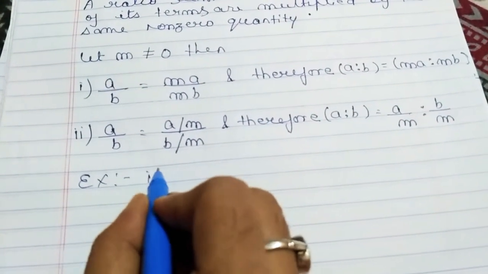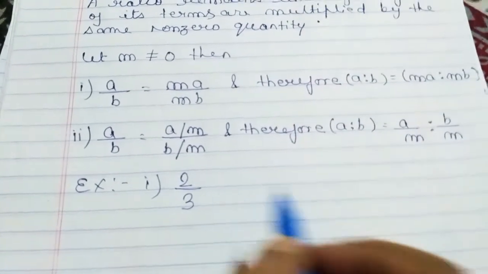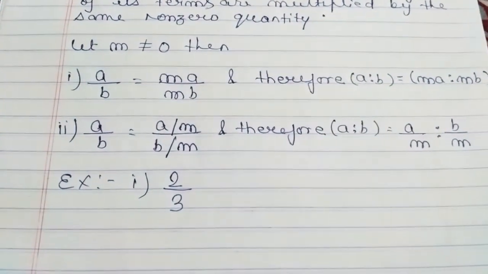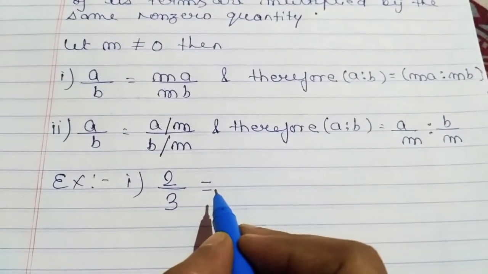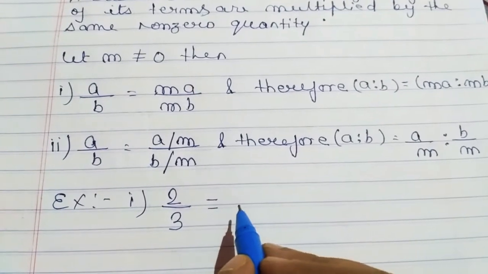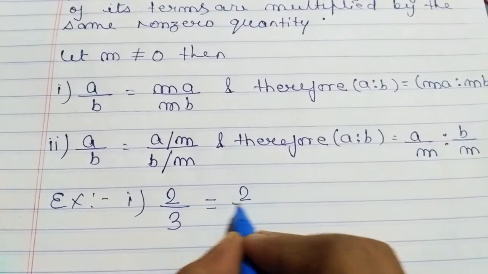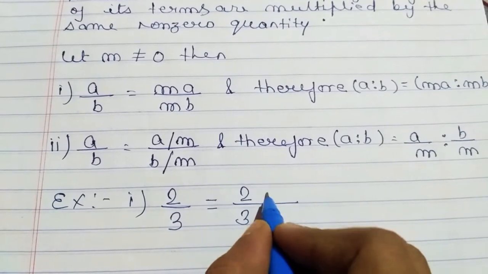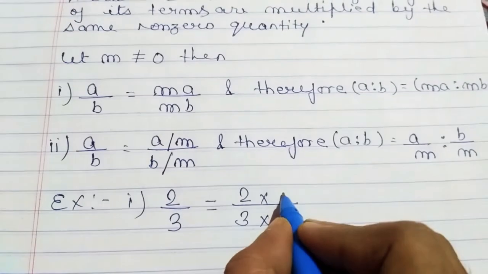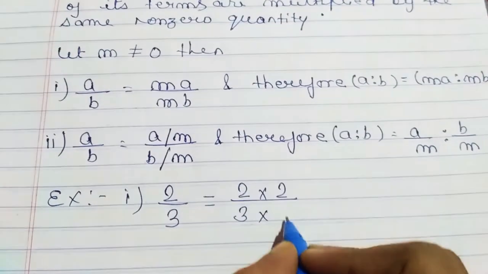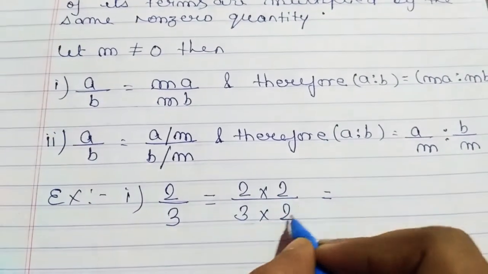Suppose you have a ratio 2 by 3. And when you multiply it by a non-zero number, suppose the non-zero number is 2.